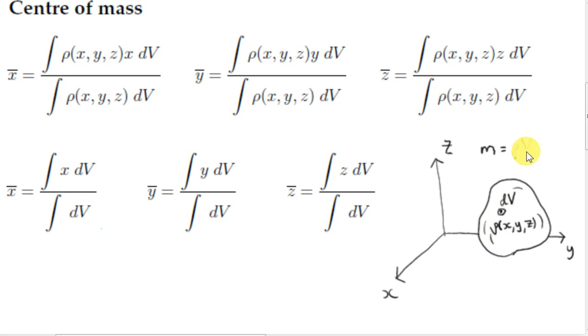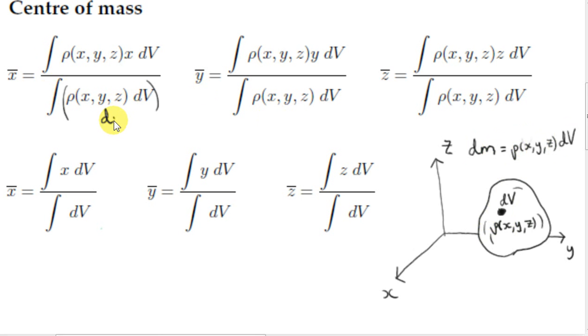So the mass element, which we could call dm, the mass of this volume element, is the density at that particular point x, y, z, not necessarily constant density, times dv. So this is a mass element of mass dm, and if we want the total mass, we need to sum all of those mass elements.